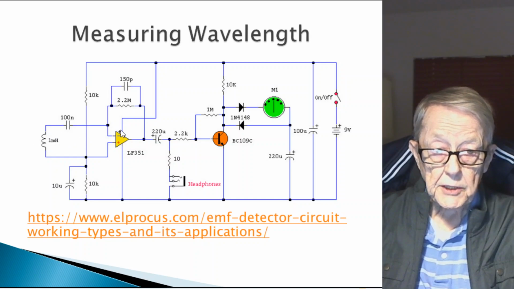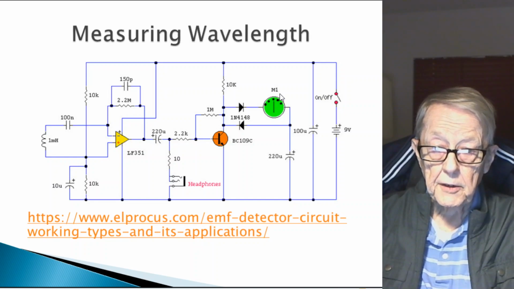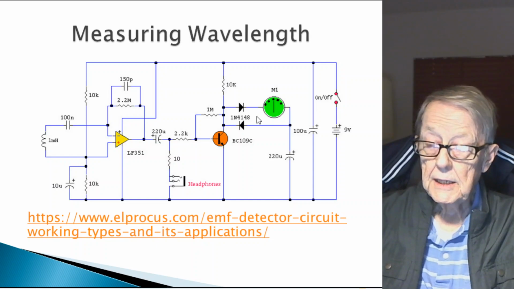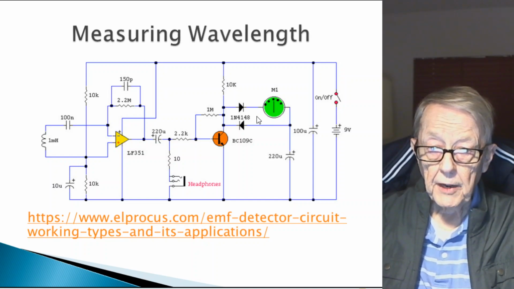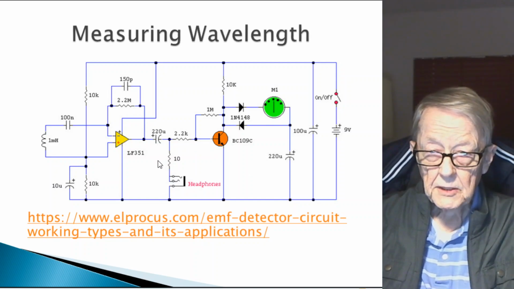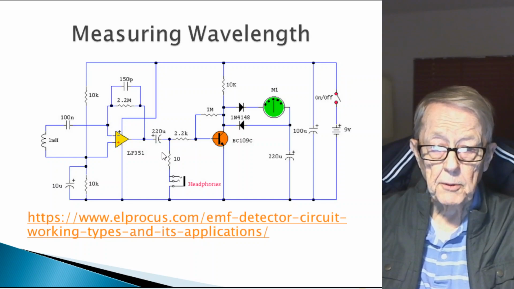As it receives that signal, the op-amp amplifies it enough so that it can be detected, and you can read the value of the intensity of that wavelength using the meter. You apparently can also listen to it. Simple diagram, but at least it makes the point.